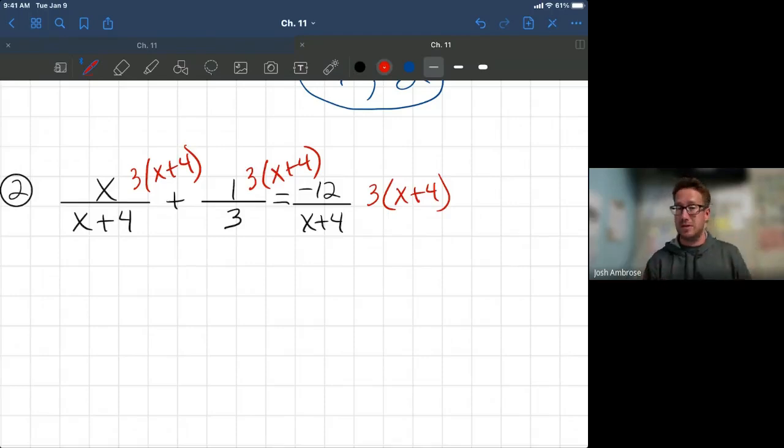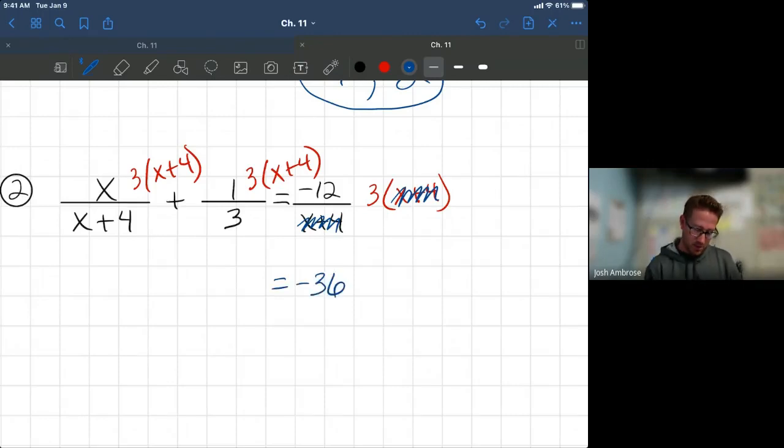This will start to simplify things and create a normal looking polynomial. All right, so let's cross some stuff out. X plus 4. X plus 4. I have a negative 12 times 3. That's going to make a negative 36.